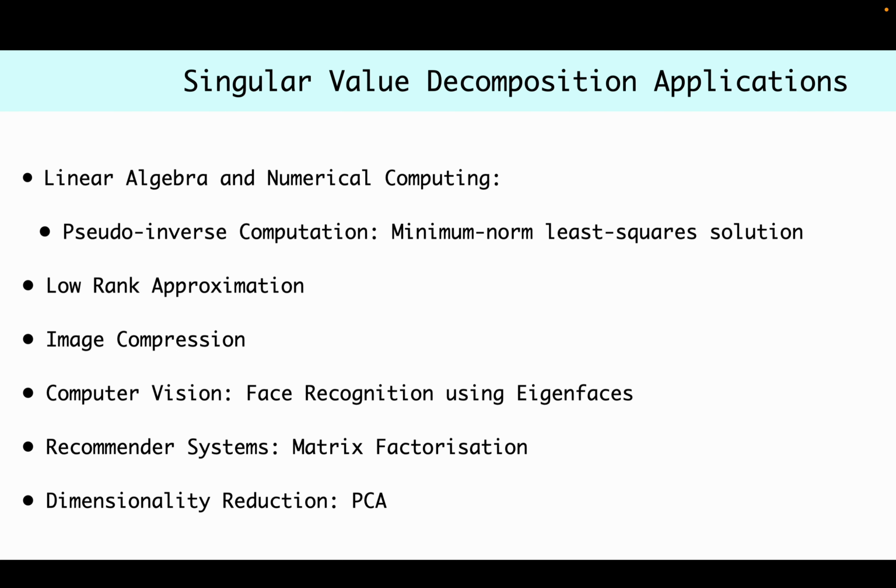We know how to calculate the matrix inverse when the matrices are full rank. But when the matrices are not full rank, how do you compute the inverses? SVD helps to do that. So we use SVD to find the inverse, or you can say pseudo inverse, for any matrix.